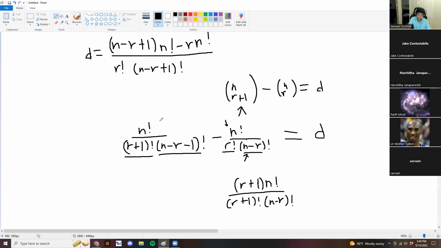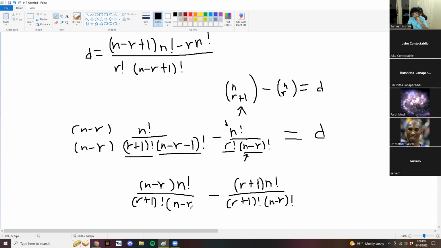So then on this side, you multiply the top and bottom by n minus R, and you get n minus R times n factorial, and then R plus 1 factorial times n minus R. That's how you get the common denominator.